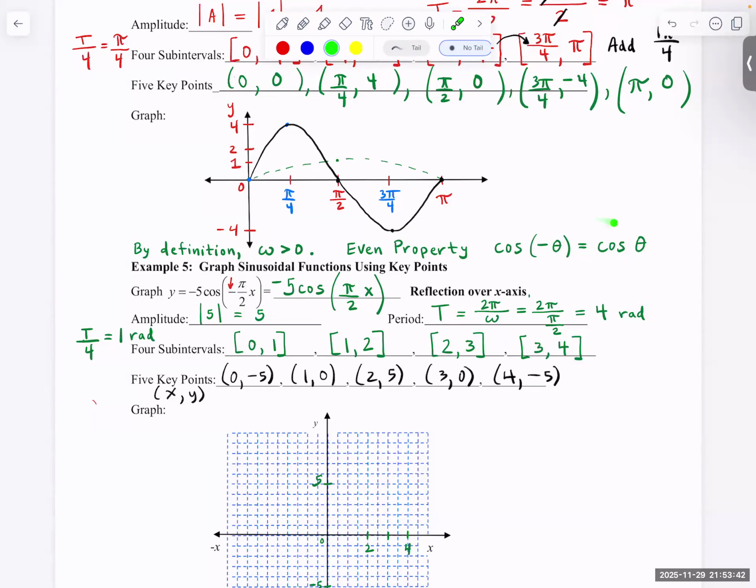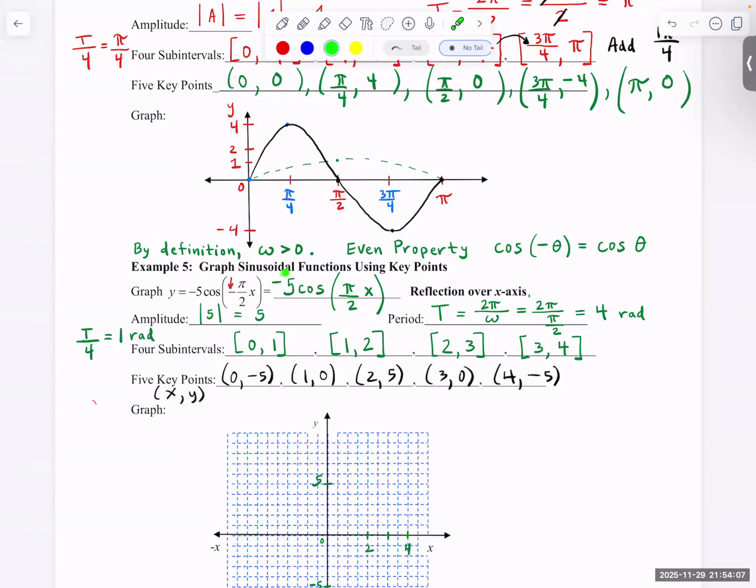So by the even property of cosine functions, we can drop the negative sign on the argument, because the cosine of negative pi over 2x is equal to the cosine of pi over 2x. Of course, we still have the negative sign on the outside, on the negative 5.